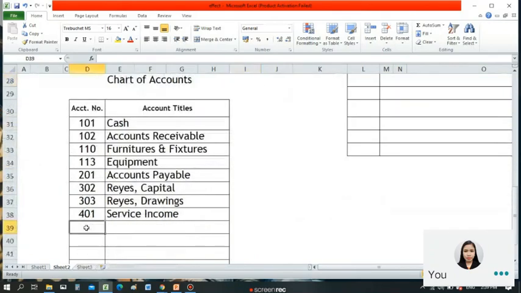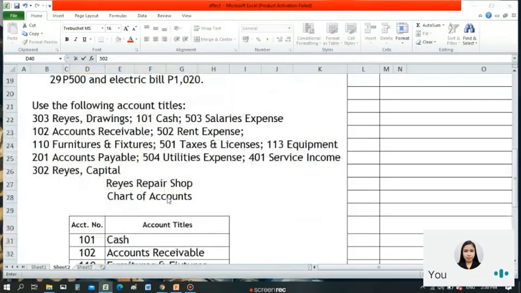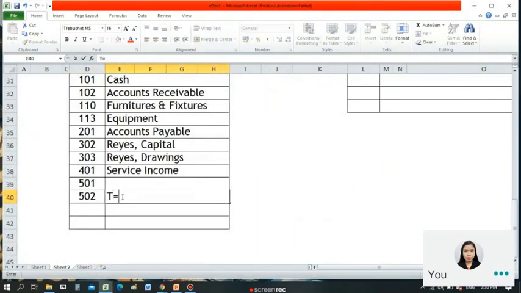We have 501 taxes and licenses. Next we have 502 rent expense. And then 503 salaries expense.